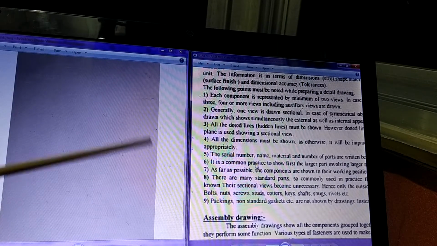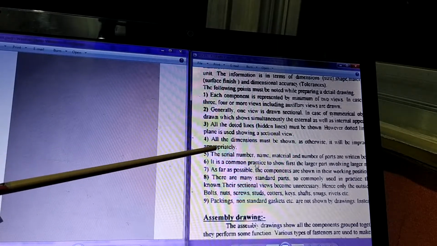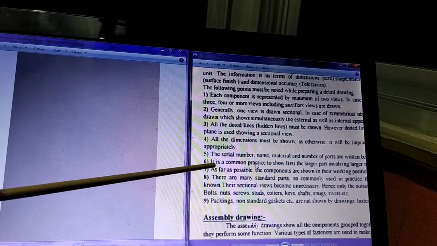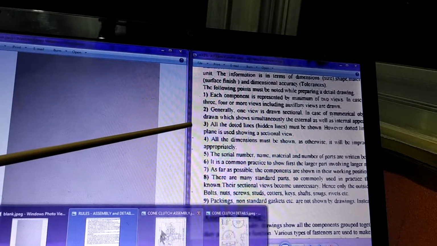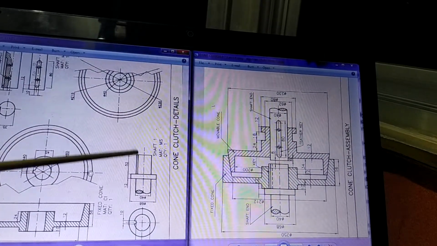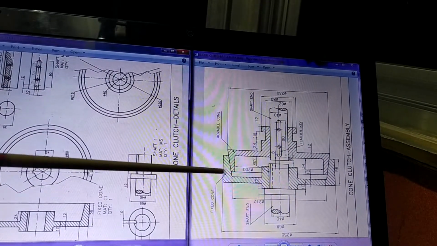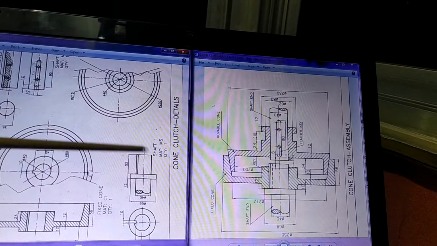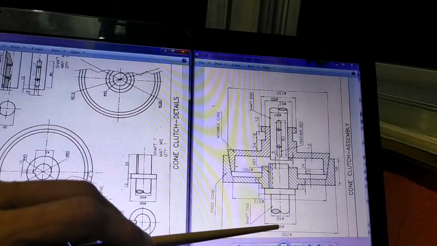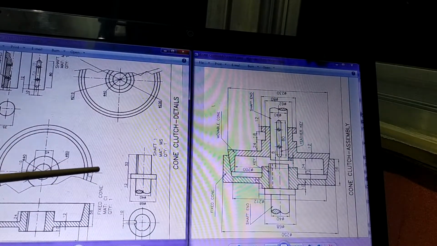Now while preparing the detailed drawings, they are to be drawn in a position as they are in the assembly. Say for example, if I just bring the earlier assembly back, you will find that this is the shaft shown like this, and in the assembly also it is like this. That means if somebody has drawn this shaft horizontal and in the assembly it is vertical, that will cause confusion.